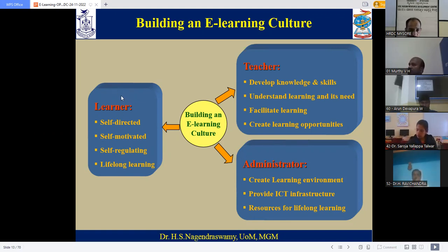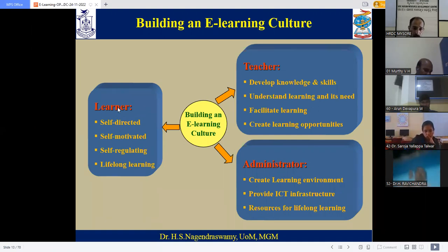And the learner is self-directed, self-motivated, self-regulating, and a lifelong learner, and nobody will be there to push them. So that's what we need, self-discipline as a learner, whether it's a student or a teacher or a researcher or a technocrat, whoever he is, he must be self-directed. We should know what we need to learn, what is very important, and why we want to learn that.